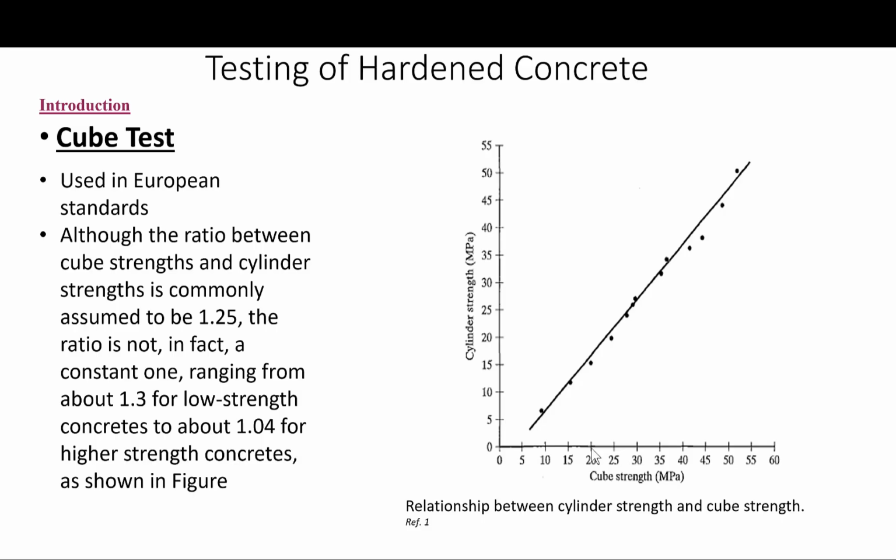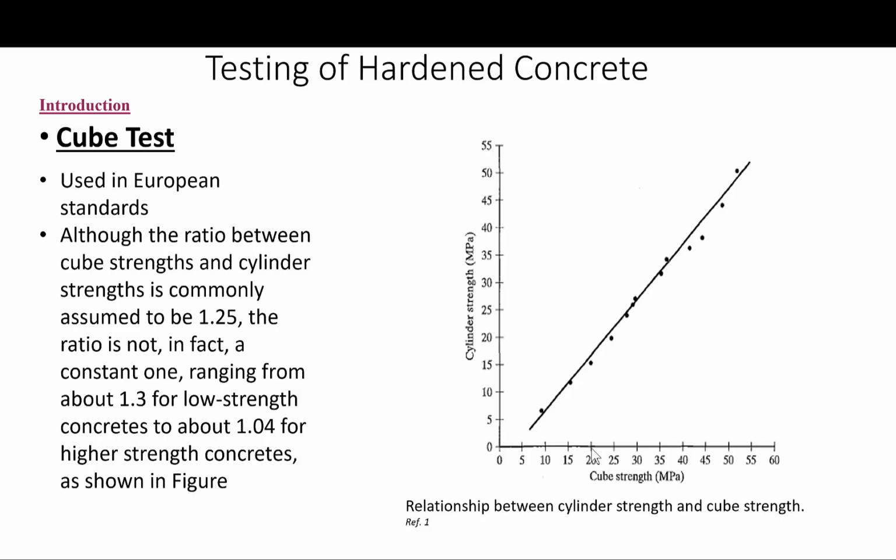After that, the specimen is loaded at a rate of 0.25 MPa per second, or 33 psi per second, until failure, of course. The main drawback of the test cube is that the friction between the platens and the specimen ends creates much more confinement, or triaxial compression, in the specimen than in the case of the larger cylinder specimens.